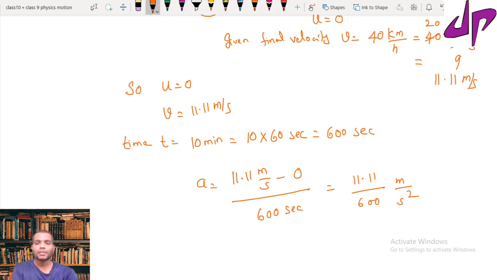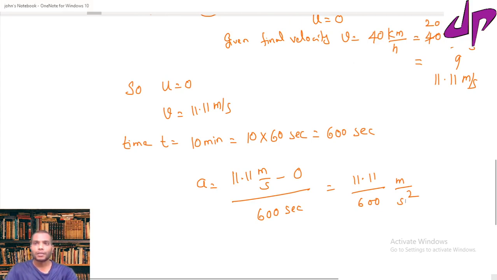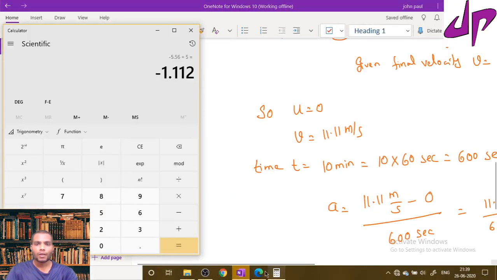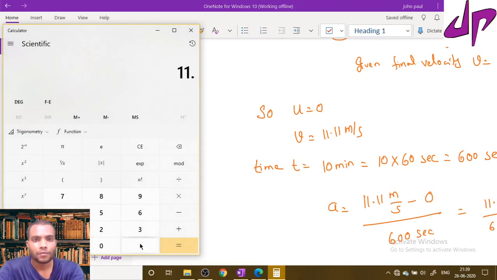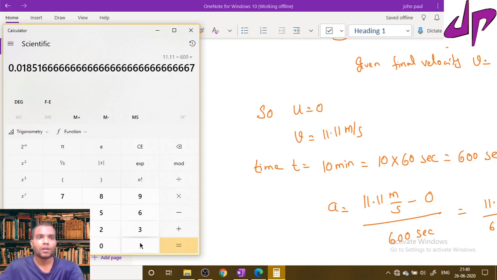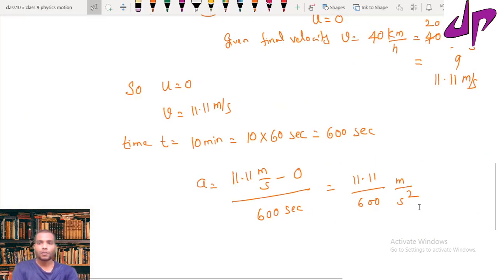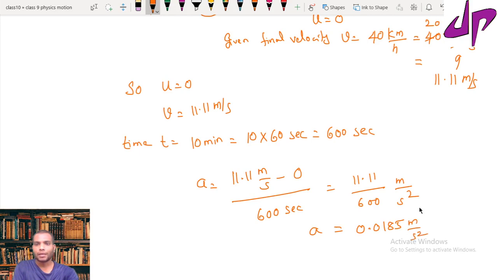You do the simplification, and you will get the final value: 11.11 divided by 600 gives 0.0185. I can write it here: acceleration a equal to 0.0185 meter per second square.